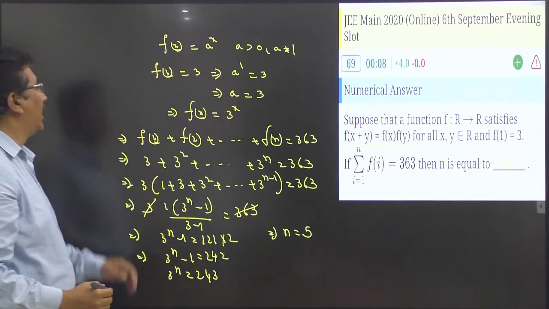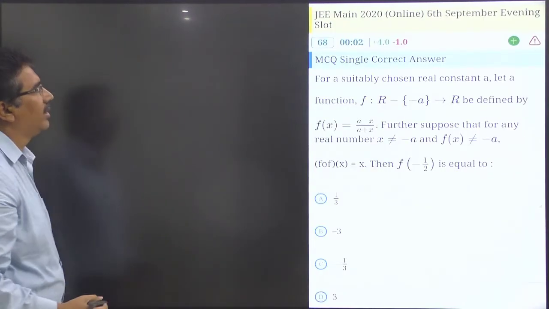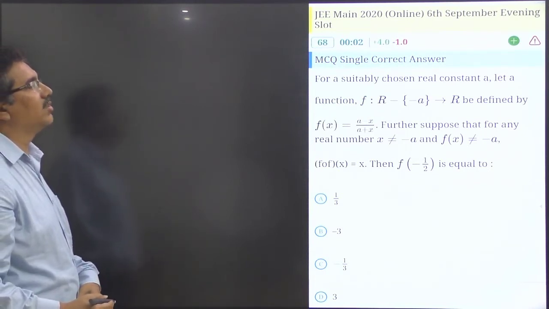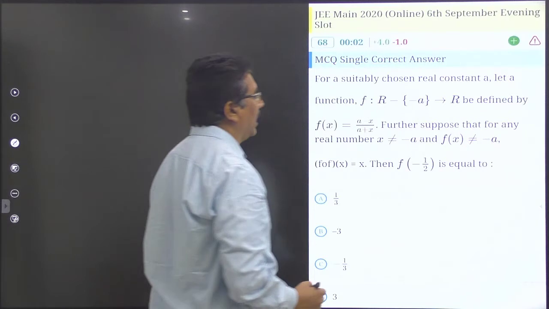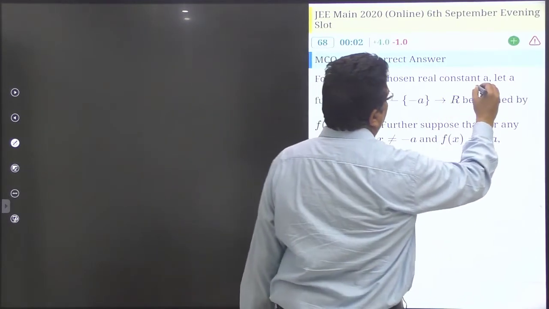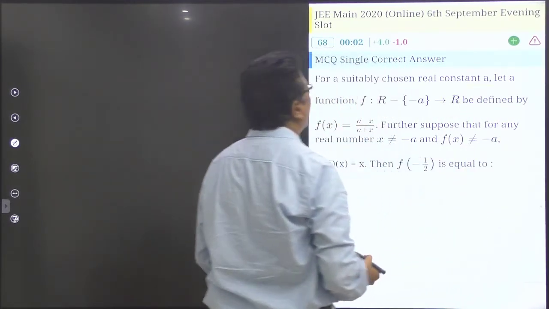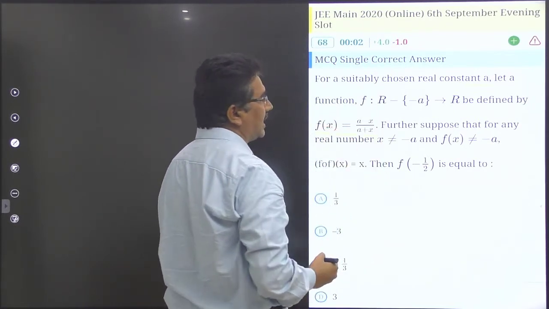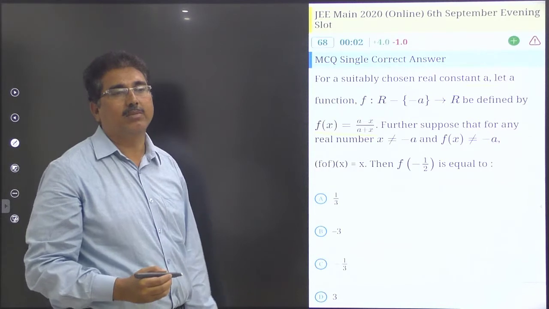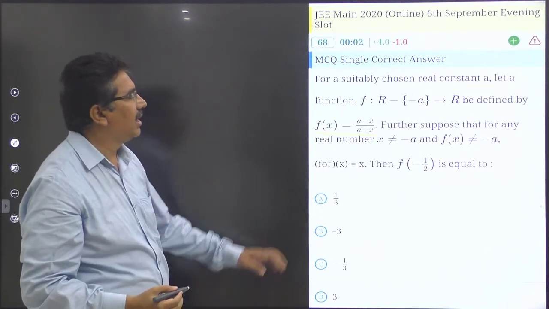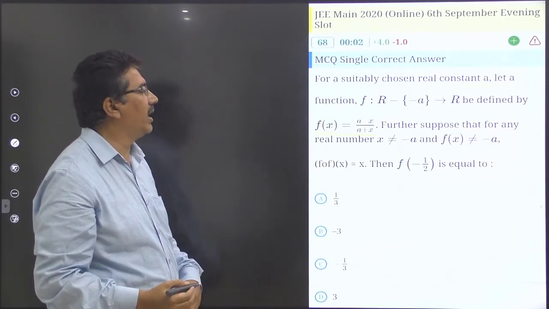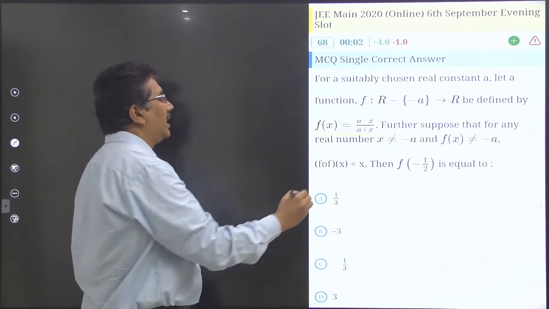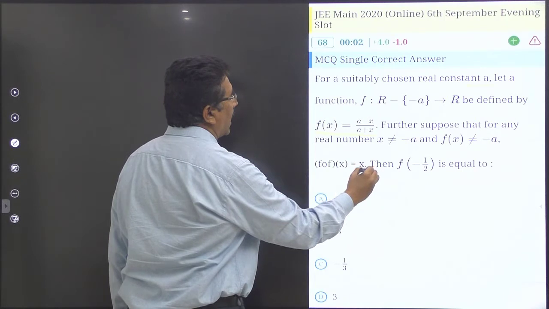Now the next one. For a suitably chosen real constant a, let a function f be defined by f(x) = (a - x)/(a + x). Also given f(f(x)) = x. Then f(-1/2) is equal to?